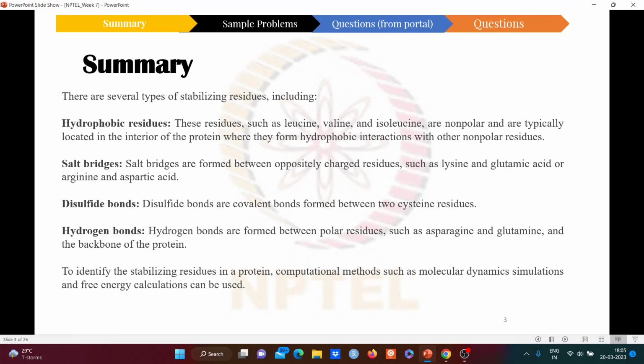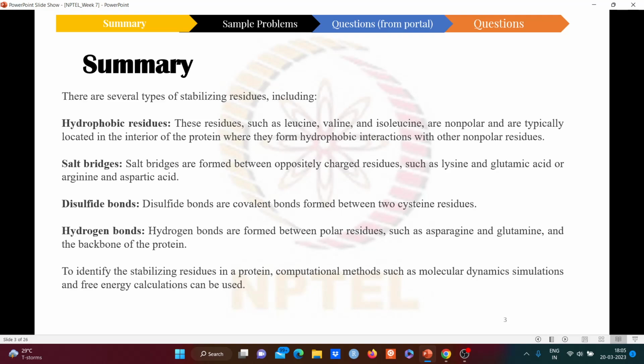To identify the stabilizing residues in a protein, computational methods such as molecular dynamics simulation or free energy calculations can be used. These methods can help to predict the interaction between the amino acid residues and provide insight into the stability of protein structure.